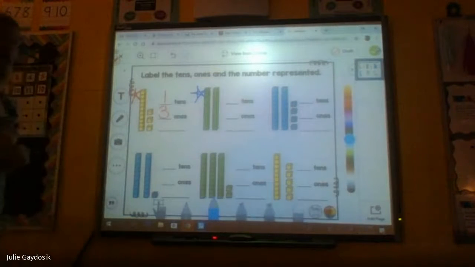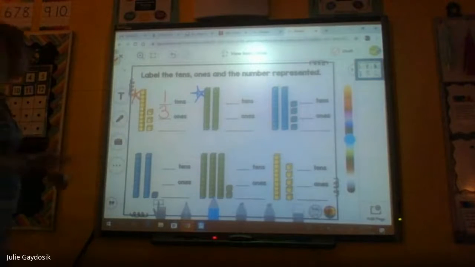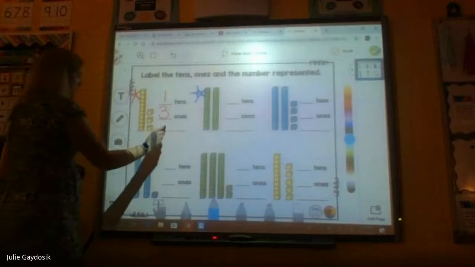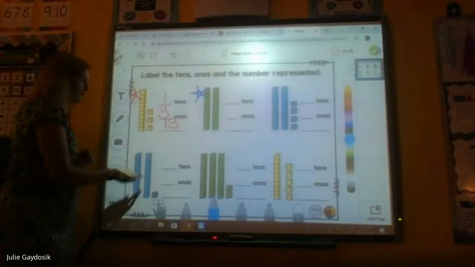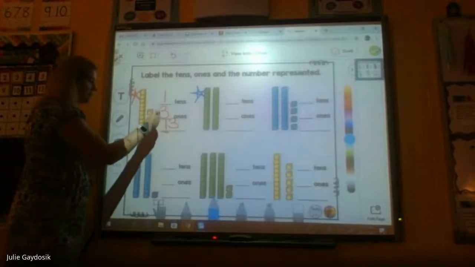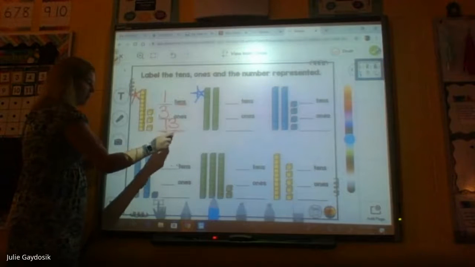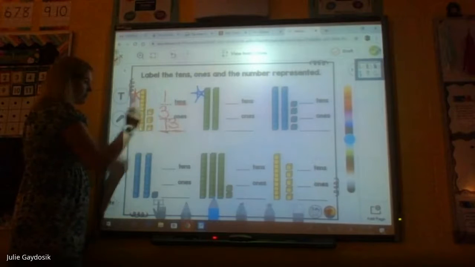Now to figure out my total number, remember you count all of your base 10 blocks together. 10, count on, 11, 12, 13. So the number is 13. And if you can tell, my 10 spot, which is here, has 1 and 1. My 1 spot, the first spot on the right, has 3 and 3.